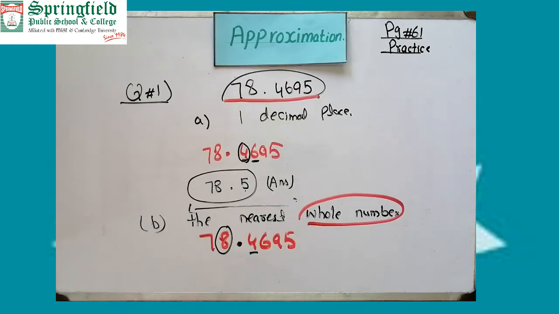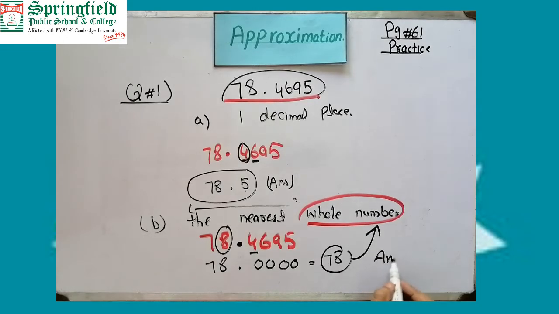This is 4, and 4 is less than 5. So 8 will remain the same. So it will become 78. Then put the point, and all the digits will become 0, and it is equal to 78, and 78 is a whole number, and this is your final answer.